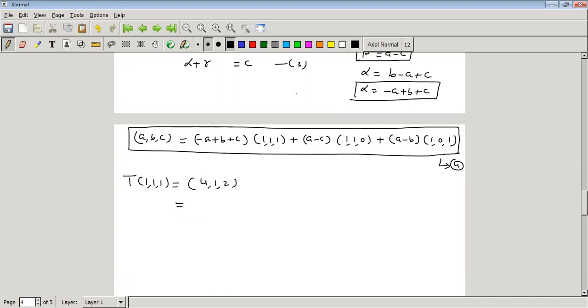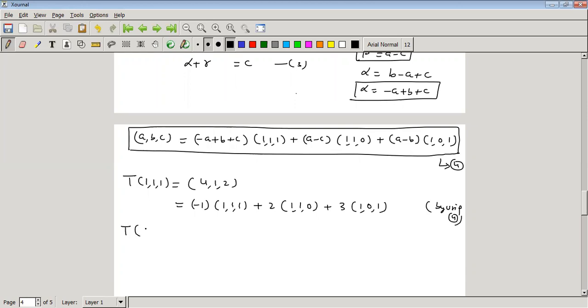So we can write minus 4 plus 1 plus 2, so minus 1 into (1,1,1), plus a minus c, 4 minus 2, it is 2 into (1,1,0), and plus a minus b, 4 minus 1 is 3, into (1,0,1). So the output of T(1,1,1), that is (4,1,2), can be written as a linear combination of the elements of the basis.